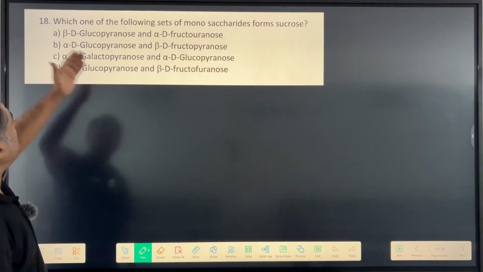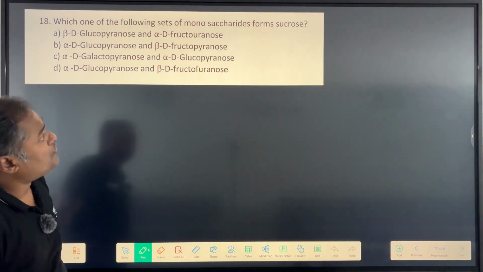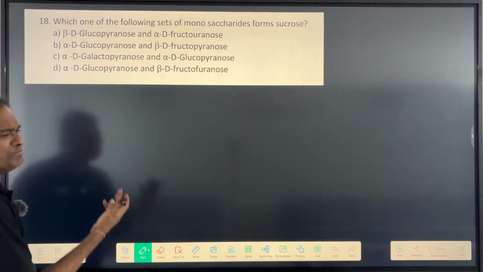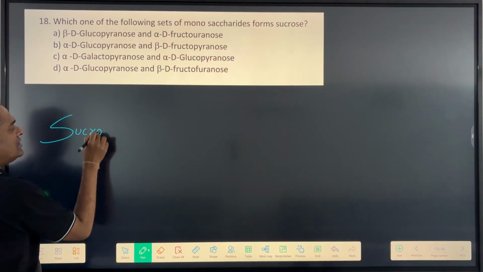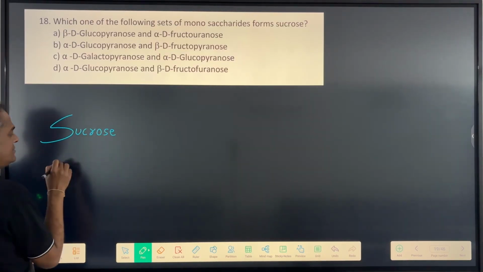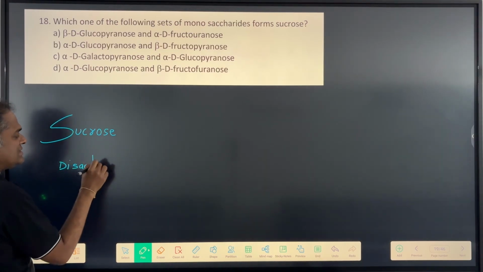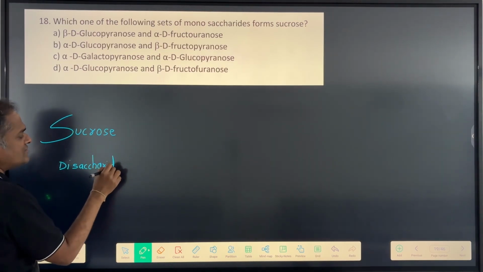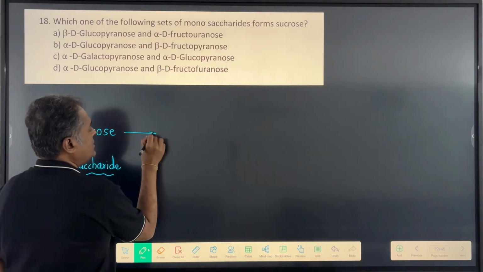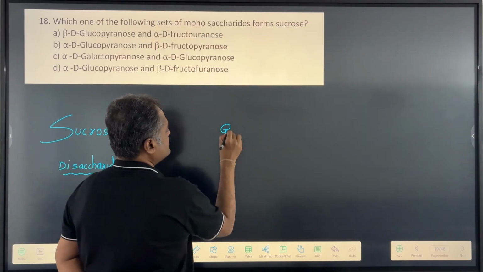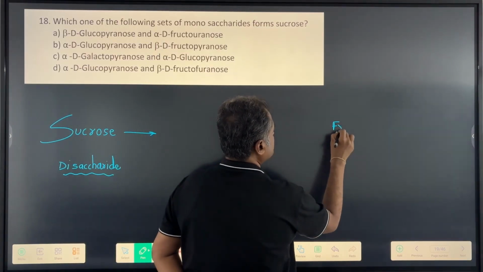Now here, child, you can see very clearly: which one of the following sets of monosaccharides forms sucrose? Basically, child, I have told you sucrose is a disaccharide, and these disaccharides on hydrolysis will give you glucose plus fructose.